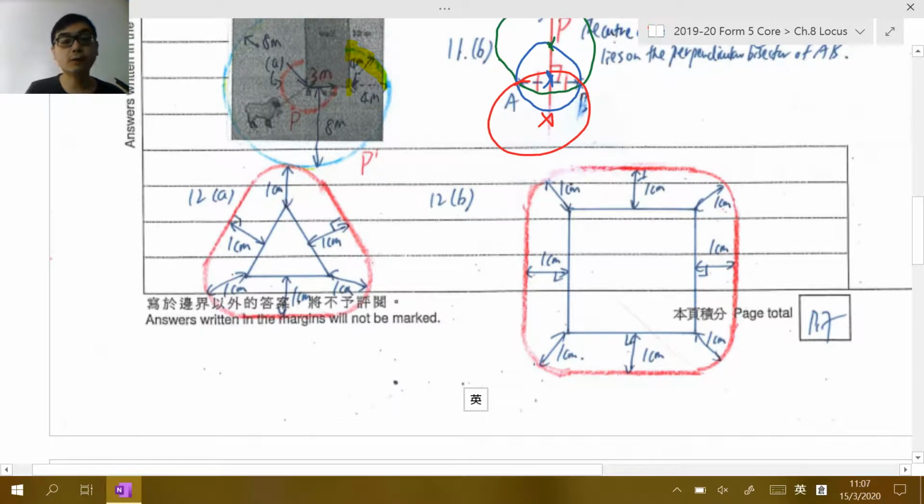And then for question 12, it's just like the question says. Do remember, after you have drawn the parallel line segments, no matter for the equilateral triangle or the square, you have to curve the endpoints around the vertex. What does it mean?